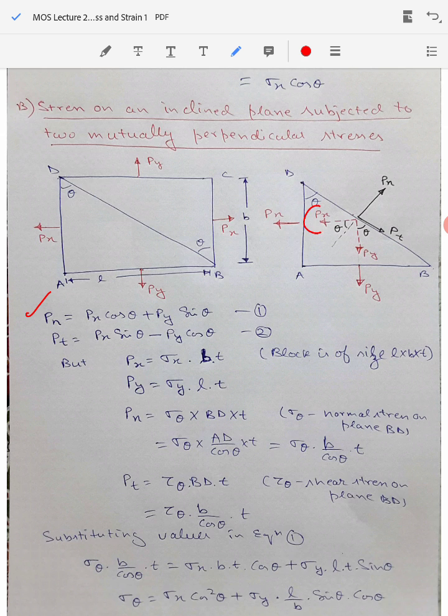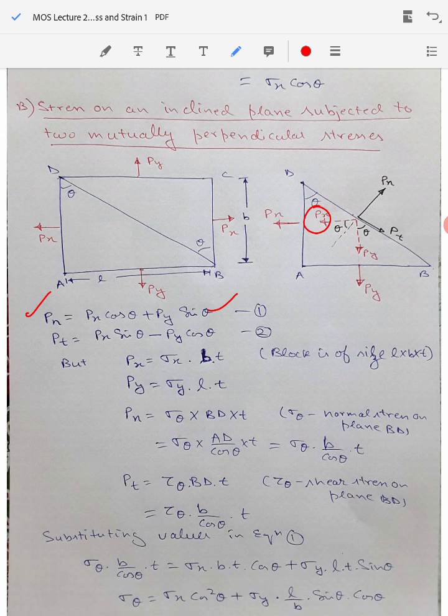So if you resolve the force Px here, it will have a magnitude of Px cos theta in the direction of Pn. Of course, it is opposite to that. And the component of Py in the direction of Pn, or normal to BD, will be Py sin theta. So Px cos theta plus Py sin theta will be the net sum, which will be equal to Pn.